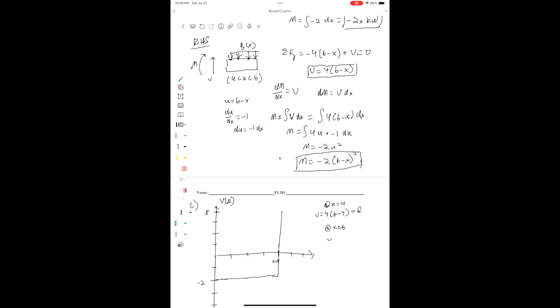And then at x equals 6, it's going to be 0. Since it's a linear equation, it's just going to decline steadily like so. So there's our basic equation, and we can label our max and min.